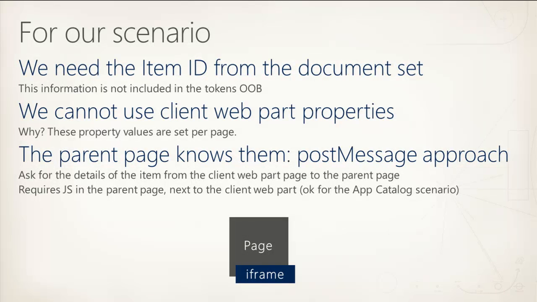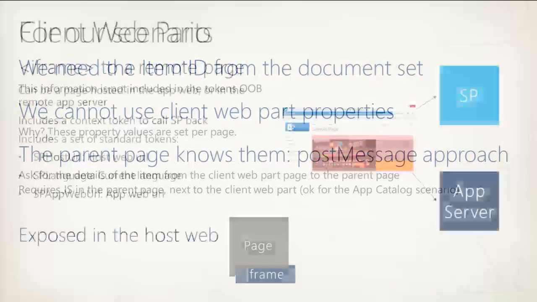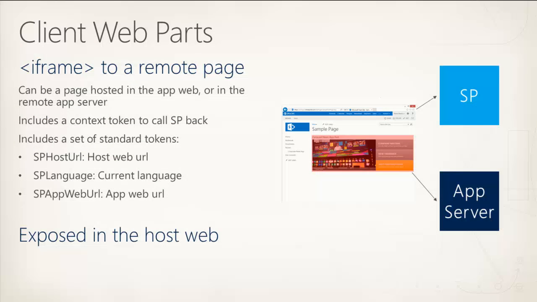So you can edit that client web part and set different properties on it, but they're set for that specific page. They're not going to change with the different items being rendered in the host web. And if you remember the slide before, I didn't mention that you get information about which item is being rendered in form webs. You actually get information about which website, but you don't know which item you're working with.